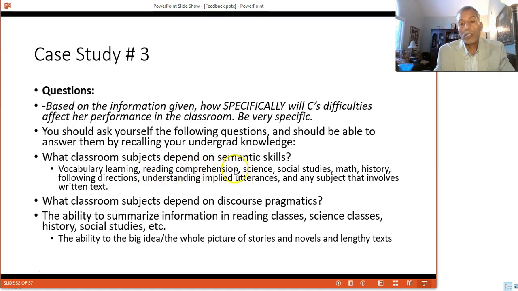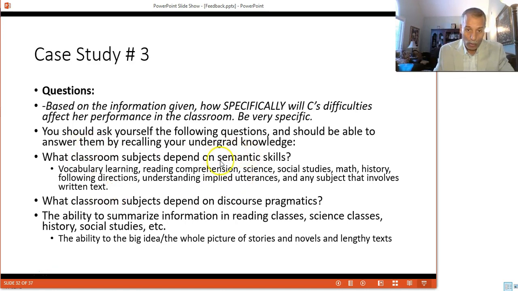Reading comprehension, science, social studies, math, history, the ability to follow directions in any class, understanding implied utterances in any class, and in any subject, again, that involves written language. So she's going to read any text in the class, you are going to count on that she's going to have difficulty following directions, difficulty with understanding abstract language.